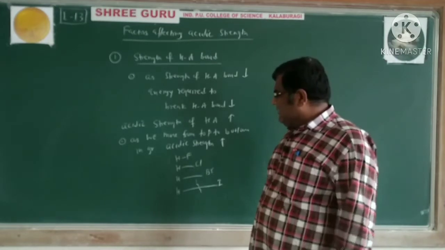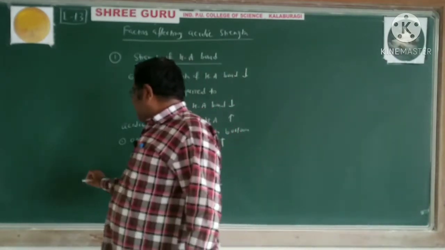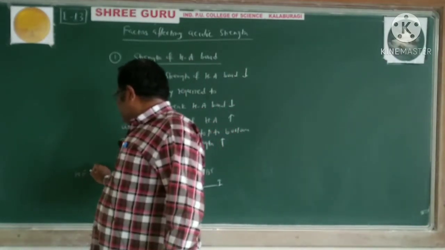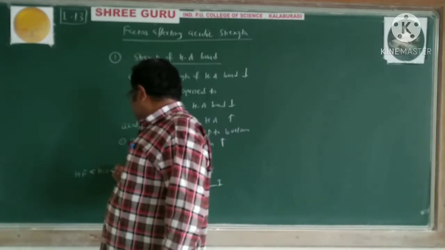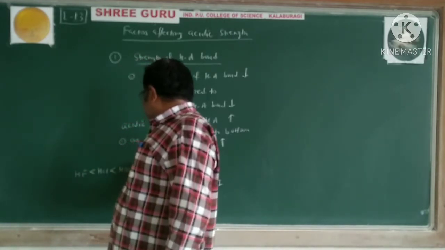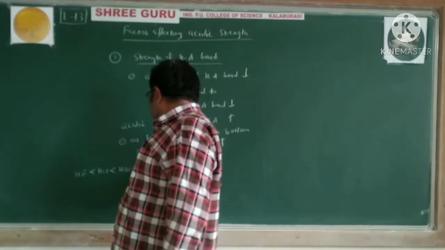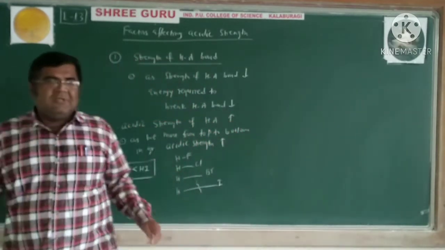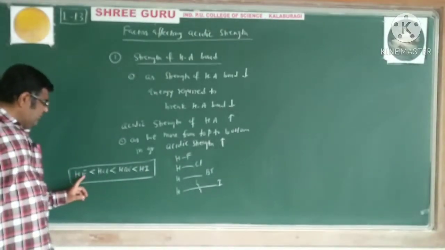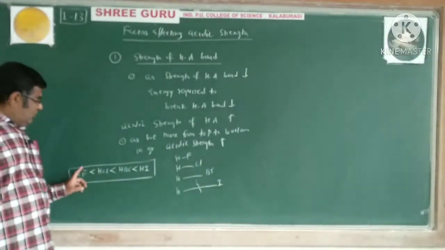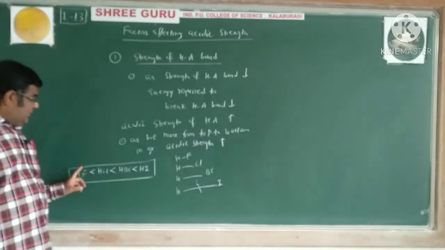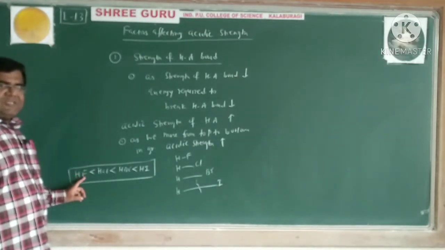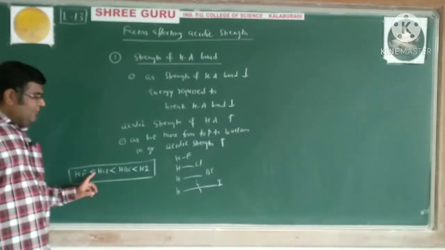That's why we can say the acidic strength of HF is less than HCl, is less than HBr, is less than HI. Why is it so? Because in HF the strength between hydrogen and fluorine is greater, the bond is difficult to break, H plus ion release is difficult, weak acid.